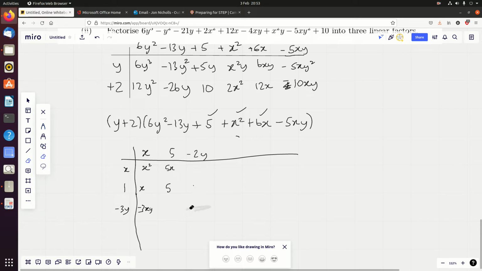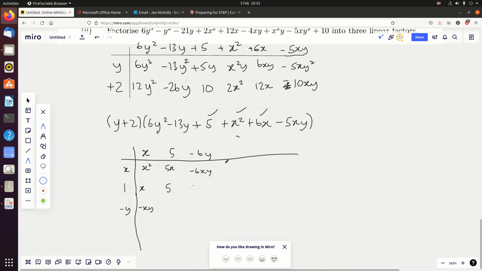So we'll try again. Maybe we should write it down as 6y minus y. Let's give that a go. That's going to give us minus xy and minus 6xy. That's also no good because we want minus 5xy.